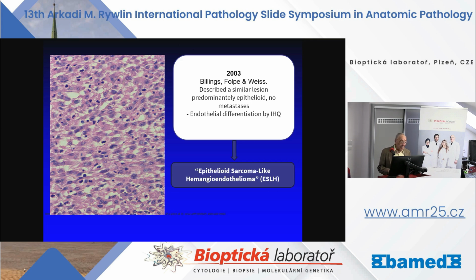In 2003, the group of the Mayo Clinic described similar lesions, predominantly epithelioid, and by immunohistochemistry were endothelial differentiation. They proposed the name epithelioid sarcoma-like hemangioendothelioma.